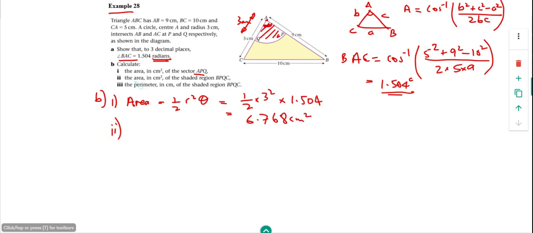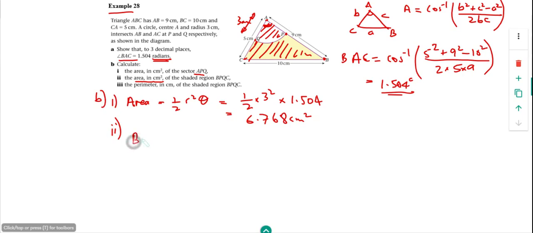Part 2, so we're going to find the area in centimetres squared of the shaded region now. So this is this bit here, BPQC. What we're going to need to do is find the full area of the triangle. So I'll just write down what we're looking for first of all.